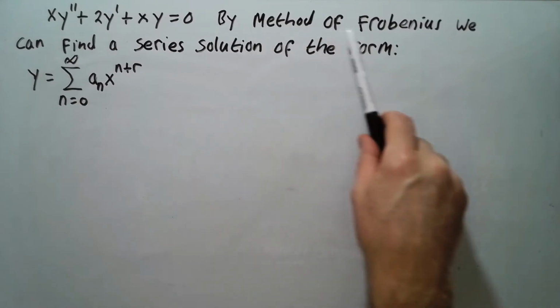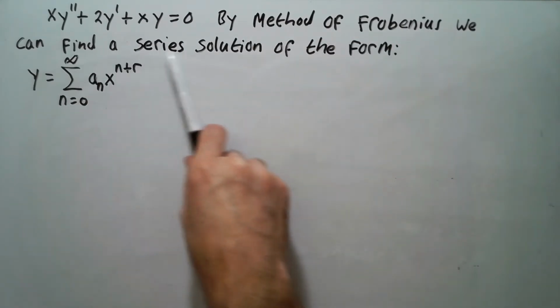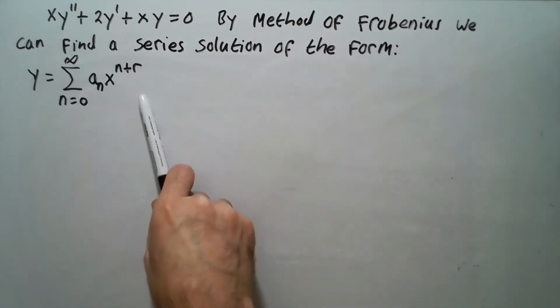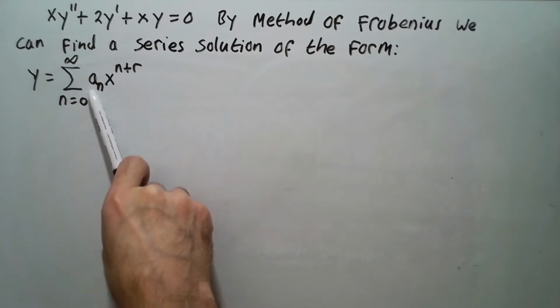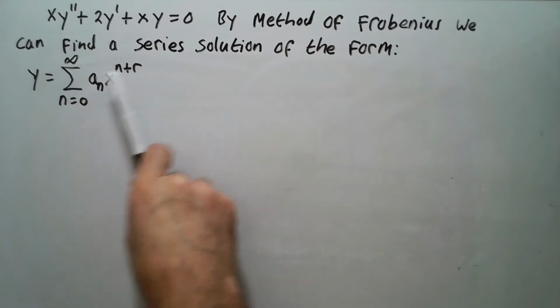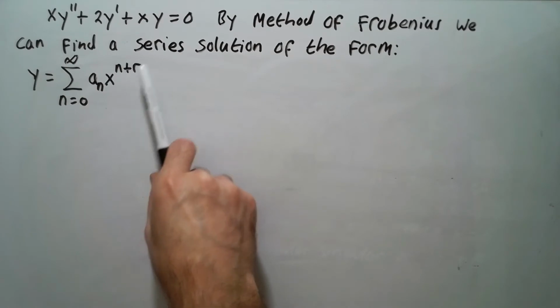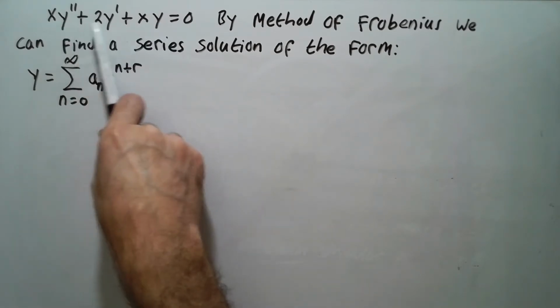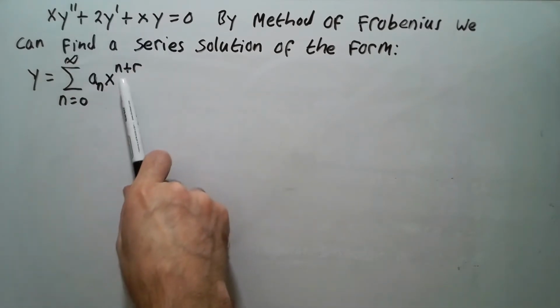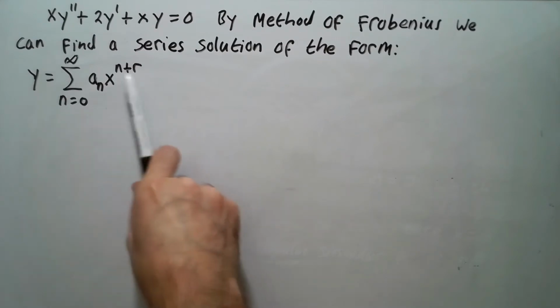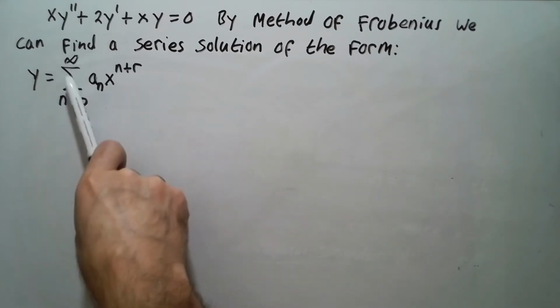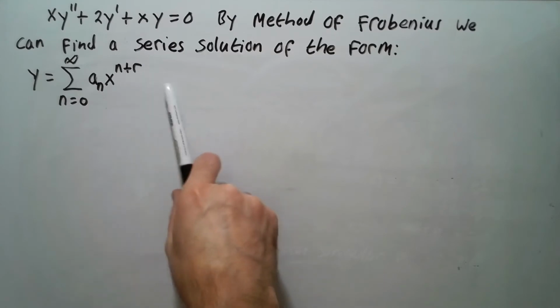By the method of Frobenius, we can find a series solution of this form. We have to find what this n is and what this r is. In this differential equation, we need the first and second derivatives. Taking the derivative of this series, you take the n plus r down in front and subtract 1 from the power. So doing that, we get this.